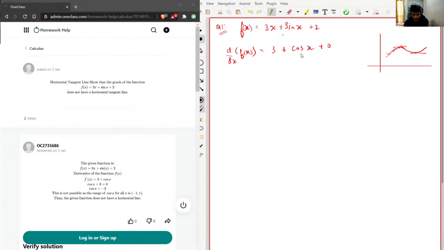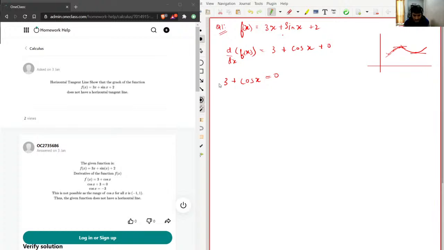So this was the derivative which we calculated, and I'll equate this to 0. So this will be 3 plus cosine x equals 0. With this we solve for x and find the values at which the function is having a local minima or maxima.